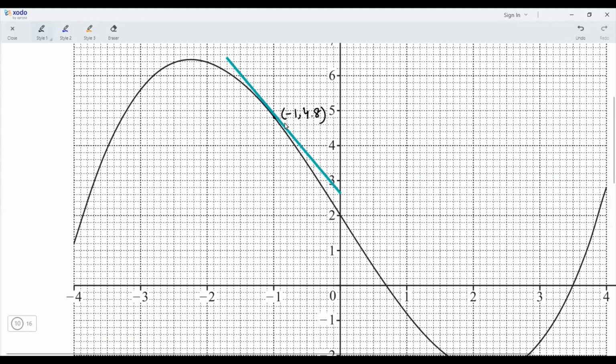What about another value? Another value we can see here at y equals 6. So what's the value of x at 6? At 6, the value of x must be 1, 2, 3, 4, and 5. It must be -1.5. So x and y values are given.